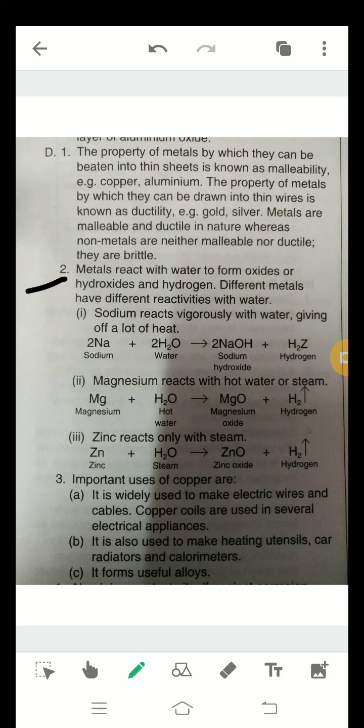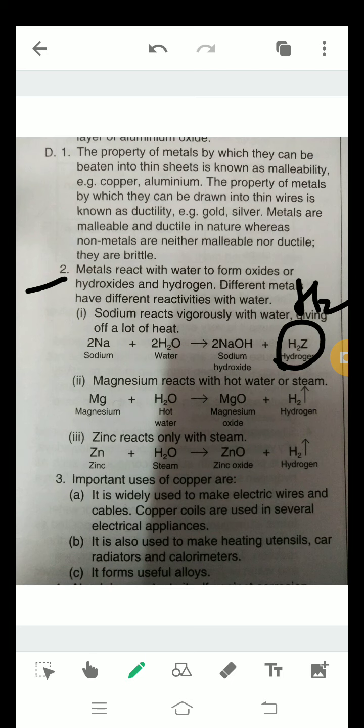First, sodium reacts vigorously with water to give sodium hydroxide and hydrogen gas. This is hydrogen gas, it is H2. Second, magnesium reacts with hot water or steam to give magnesium oxide and hydrogen. And zinc also reacts with steam to give hydrogen, it forms only oxide.